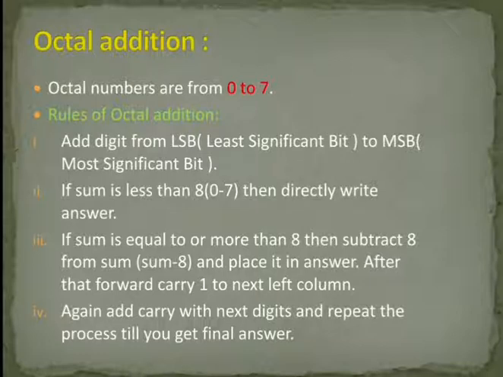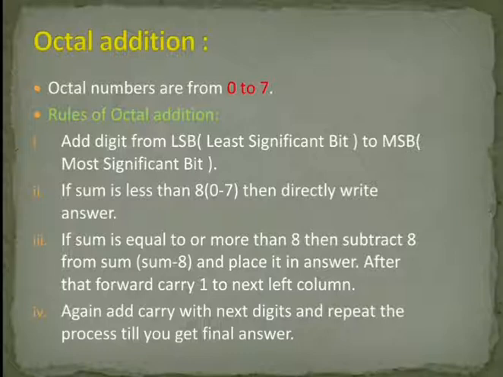The second thing we have to follow: if the sum of both the digits, the upper one and the lower one, is less than 8, that is 0 to 7, then directly we write the answer. But if the sum is more than 8 or equal to 8, then we have to subtract 8 from the sum.